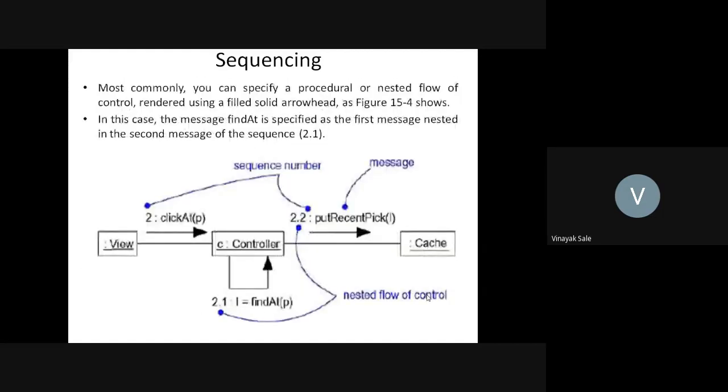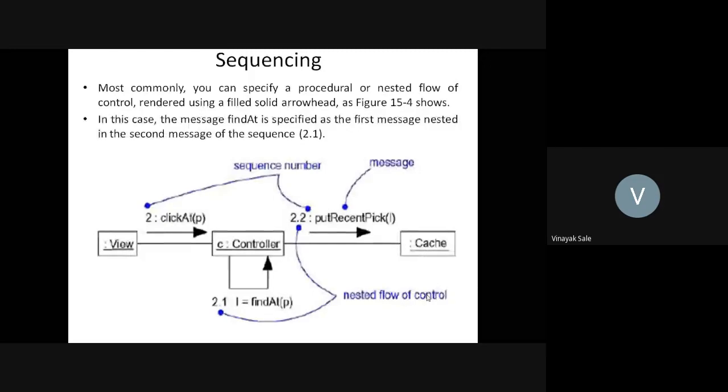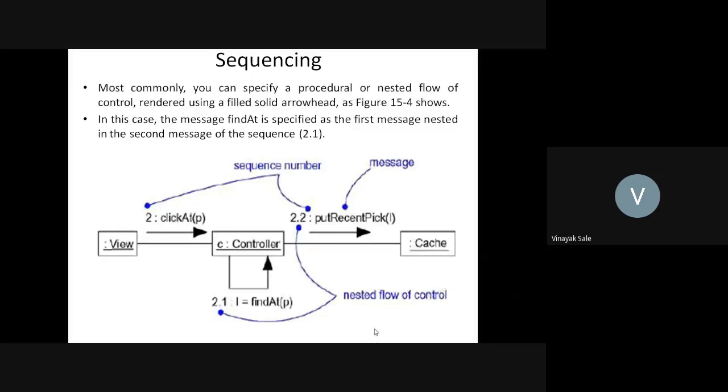So most commonly you can specify using a solid arrow. So here in this figure, a message is sent from view to controller, controller to cache. So each message has a sequence number. So check at p, this is the message and the message has number 2, this is a sequence number.